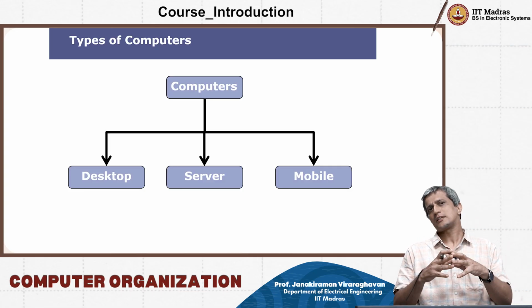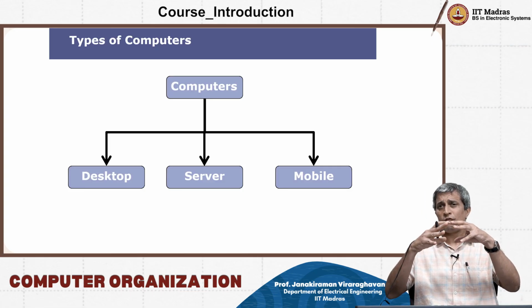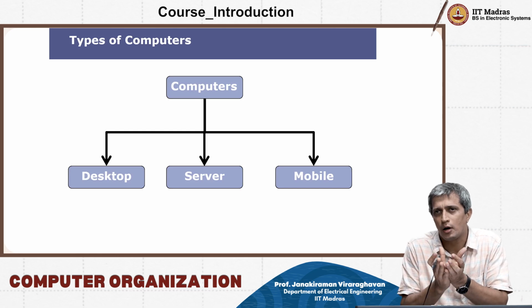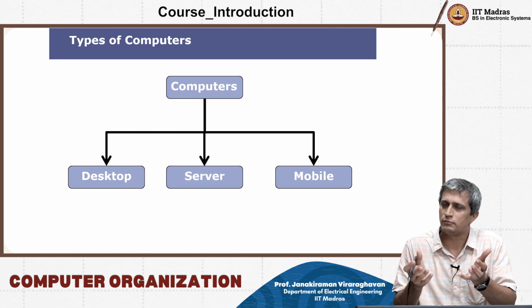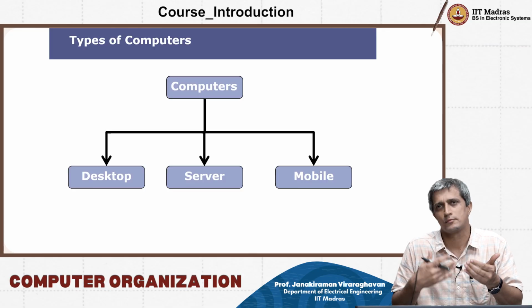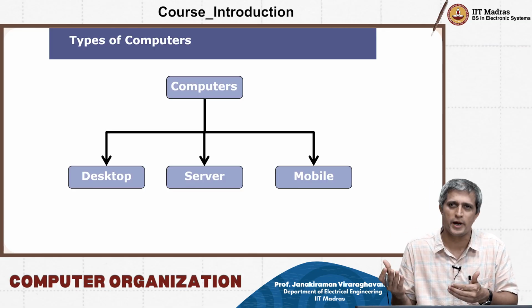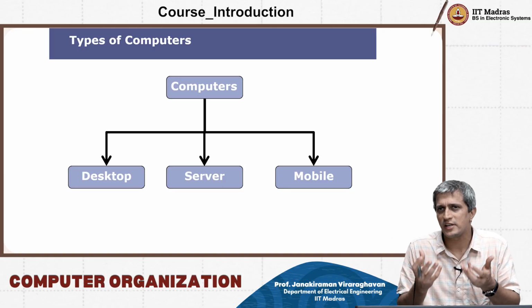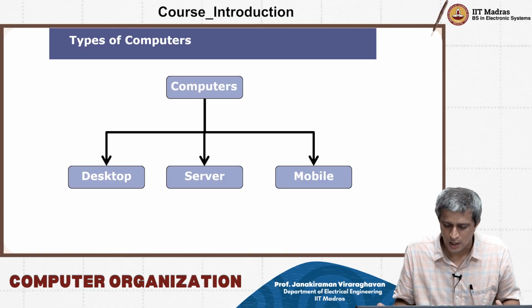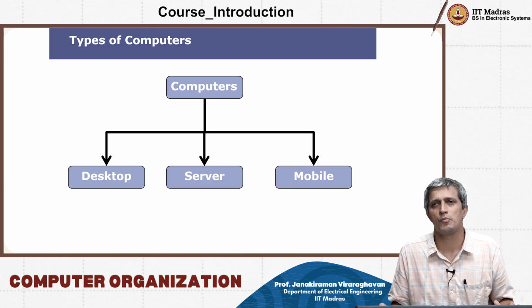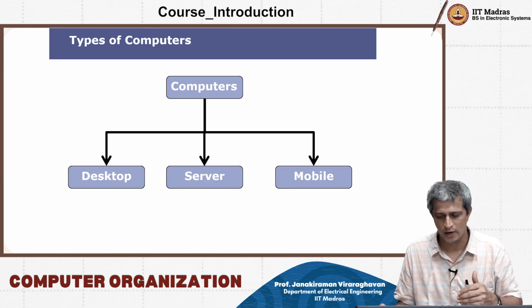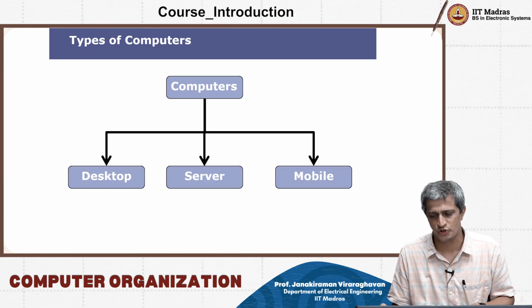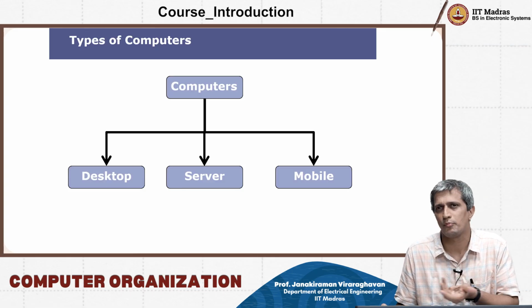But in any case, the fundamental concepts of the microprocessor residing in these systems, be it mobile or desktop or server, are going to be very similar in nature, right? Of course, a server, for example, might have a 24 core machine, or a 60 core machine, 80 core machine. Mobile might have maximum maybe 4 cores.